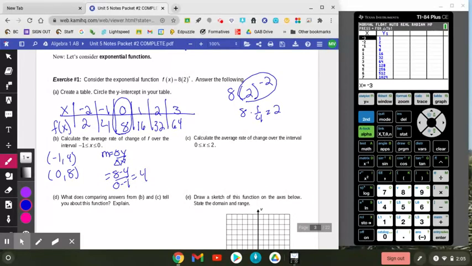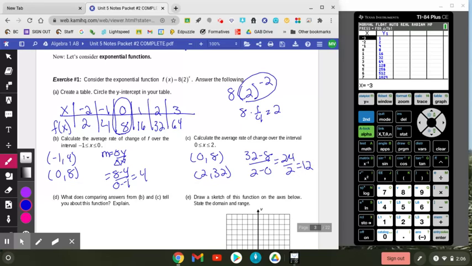Now I want to calculate the average rate of change over the interval 0 to 2. So I'm using the point 0, 8 and the point 2, 32. So again, I'm going to do 32 minus 8 over 2 minus 0. That's 24 over 2. And my rate of change is now 12.